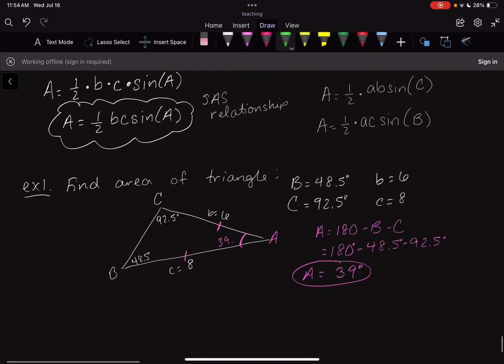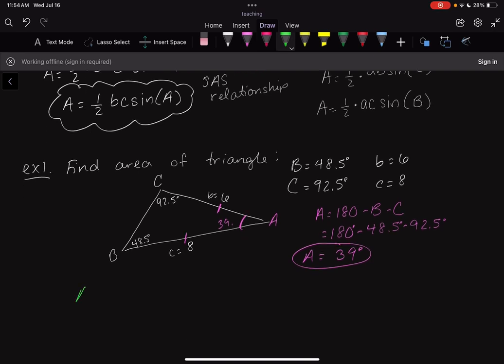Now that I have that side angle side relationship, I can find my area. So my area is half, and then the two sides, sine of the angle between them. You can also write it out with the formula if you want.